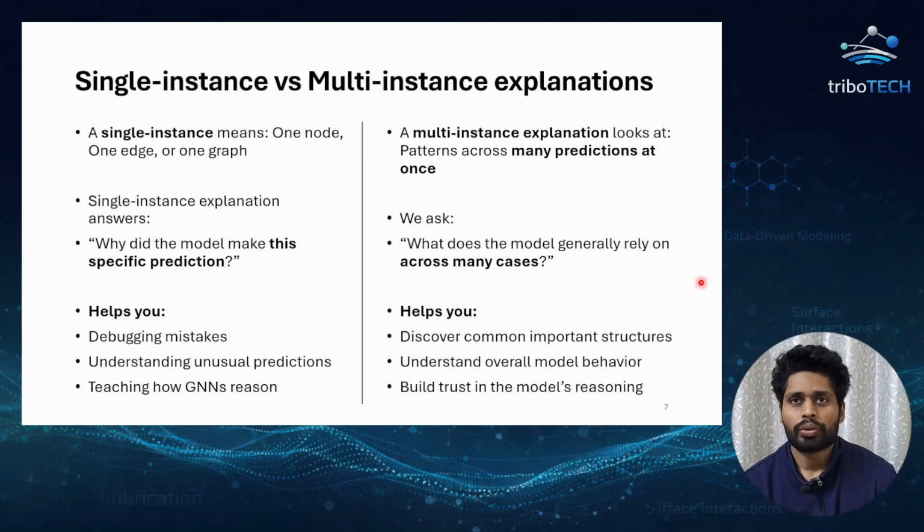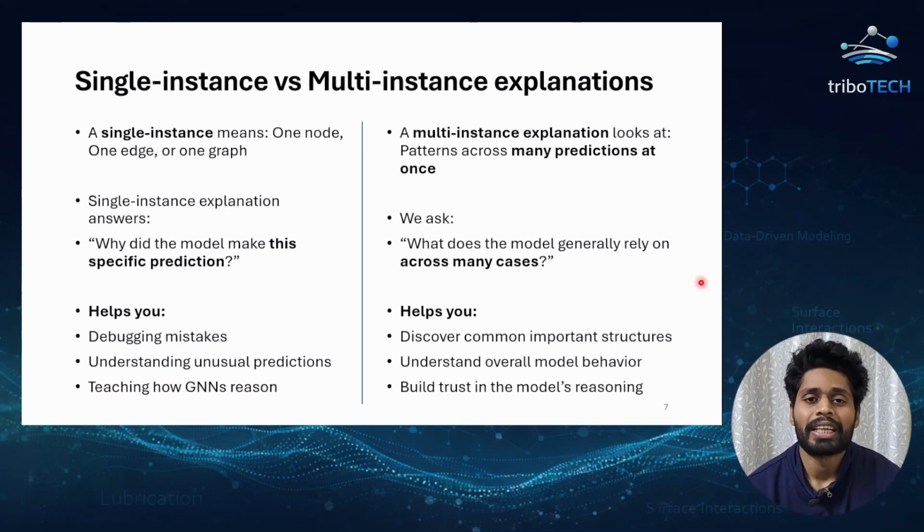So there are explainers which are optimized for single instance explanations like GNN explainer, which I already talked about in my videos. And there are explainers which are optimized for multi-instance explanations, like, for example, PG explainer. So it depends on what your interest is.